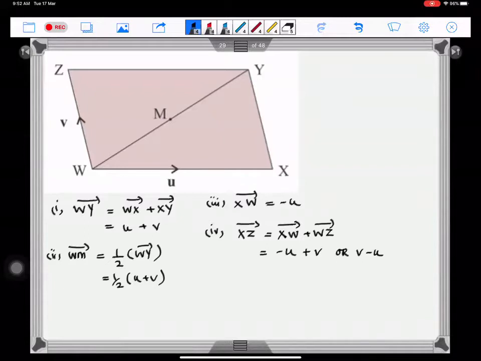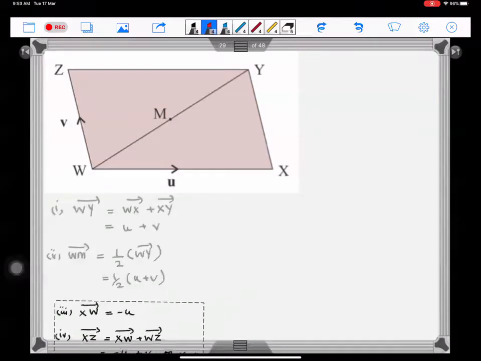Show using vectors that M is the midpoint of XZ. That means I have found out what XZ is. Can I find out what XM is? I can find XM because I have WM. Let me put it on the side.